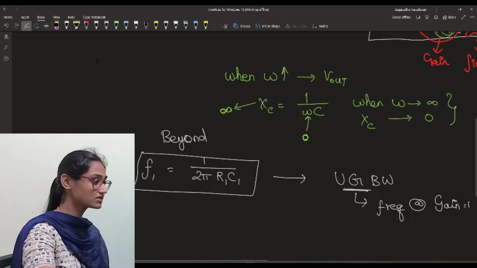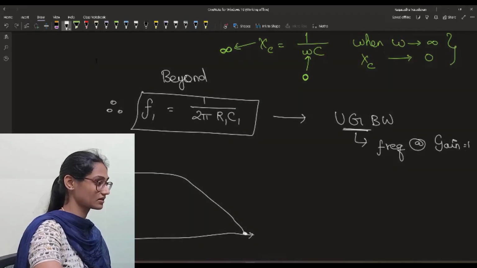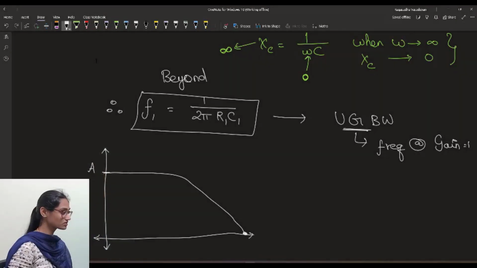Let us draw the frequency response for clarity. This is the frequency response of a general op-amp, and this is the open loop gain. After a certain level of frequency, which is called F1, and this extends up to the unity gain frequency, where the gain becomes 1. In this range, the op-amp acts as an integrator.